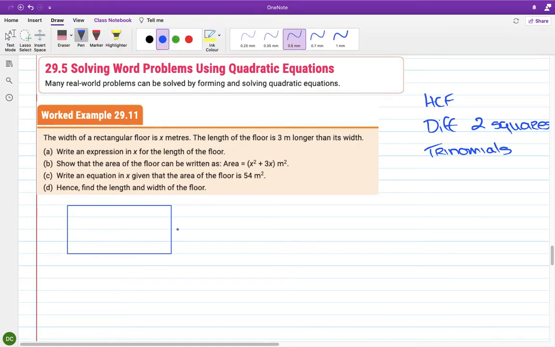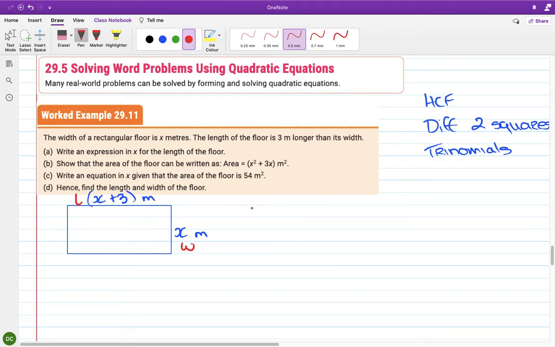It says that the width is x meters. And then it says the length of the floor is 3 meters longer than its width. So that means the length of the floor is going to be the width plus 3 meters. Yeah? So this is my width and this is my length.